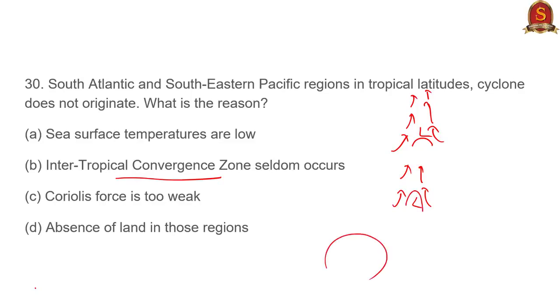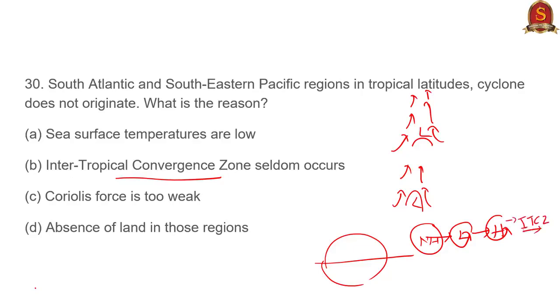Now, if you take the distribution of land on Earth, the northern hemisphere has more land, which has the capacity to trap more heat. So it is hotter, and mostly your ITCZ is found in the northern hemisphere. Hence even during the winter season, the ITCZ does not shift too much into the southern hemisphere beyond a specific point.